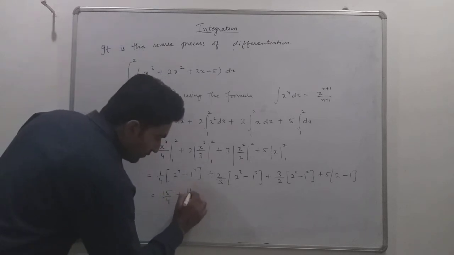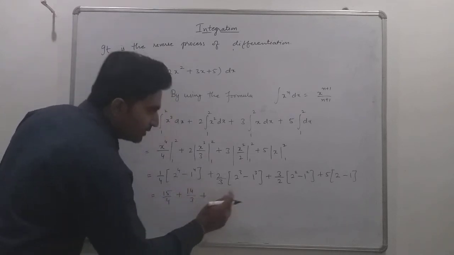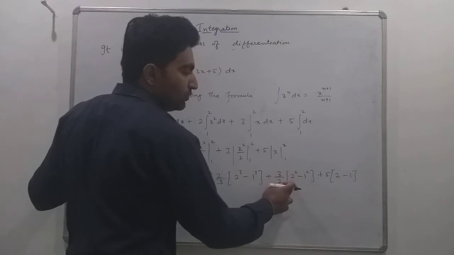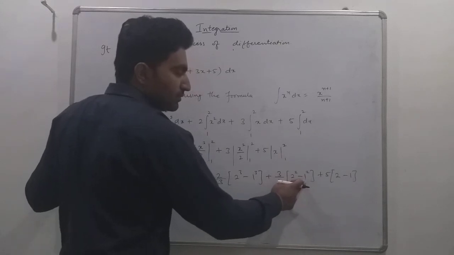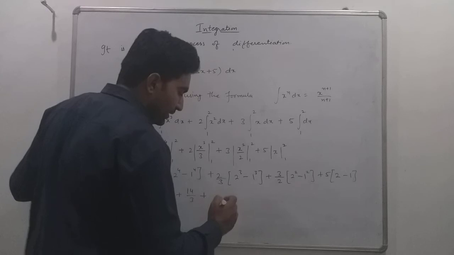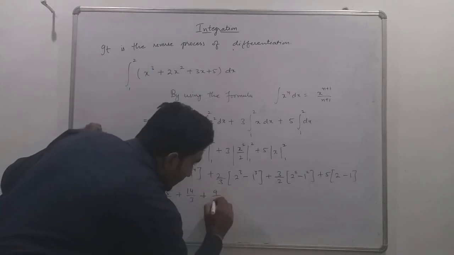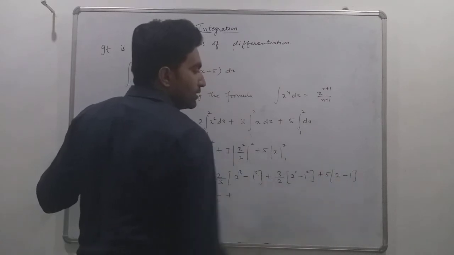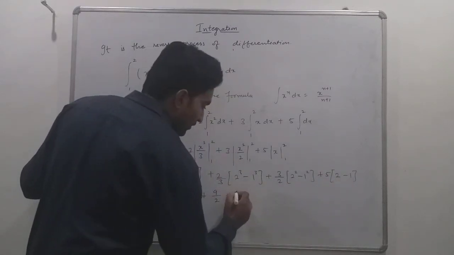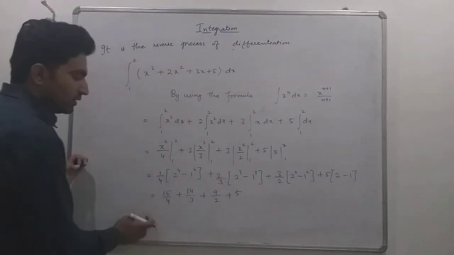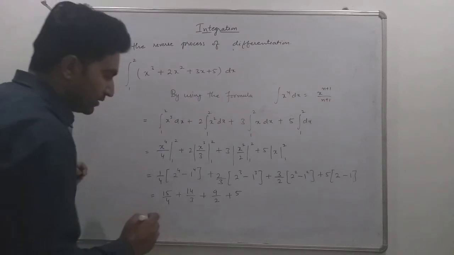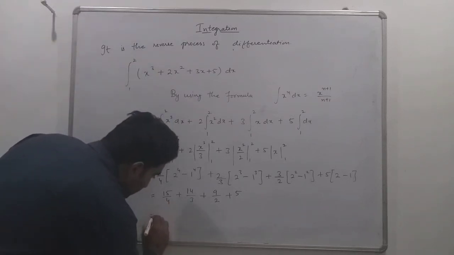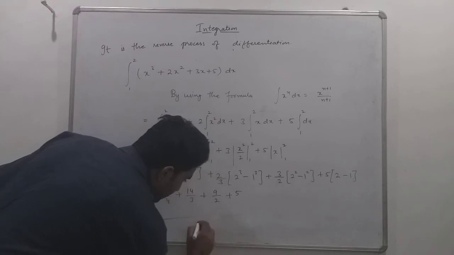So we have 14 by 3, plus here 2 raised to power 2 is 4. 4 minus 1 is 3. 3 into 3 is 9. So we have 9 by 2, plus here 2 minus 1 is 1, and we have 5. Then we can take the LCM, and 12 is the LCM.